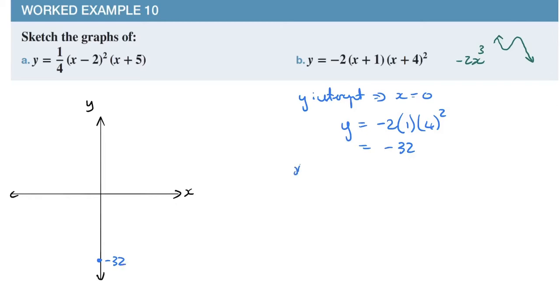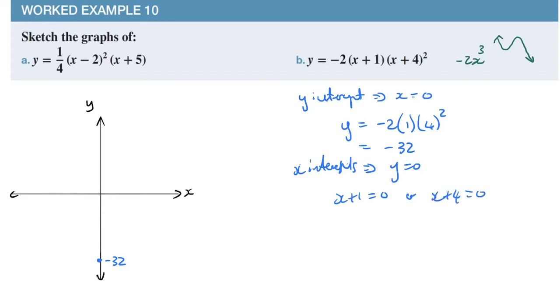My x-intercept is where y equals 0. Where y equals 0, it means, now remember I showed you previously that this negative 2 will now have no influence, because if I divide by negative 2, it's just going to fall away. So my x-intercept means x plus 1 equals 0, or x plus 4 equals 0.